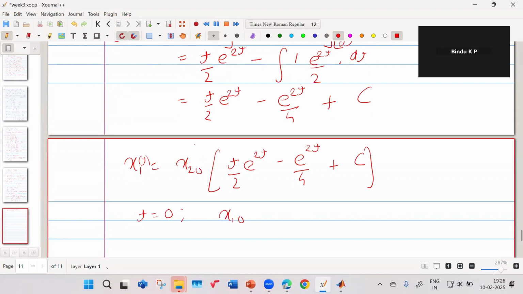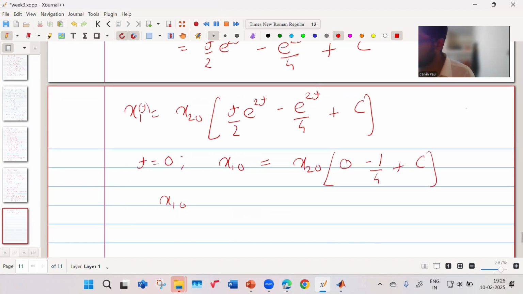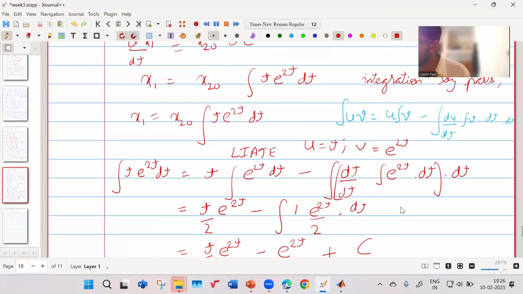So that is x1(0). x1(0) is x2(0) into 0 minus 1 by 4, plus c. So x1(0) upon x2(0) is equal to c minus 1 by 4, so c can be written as 1 by 4 plus x1(0) upon x2(0).